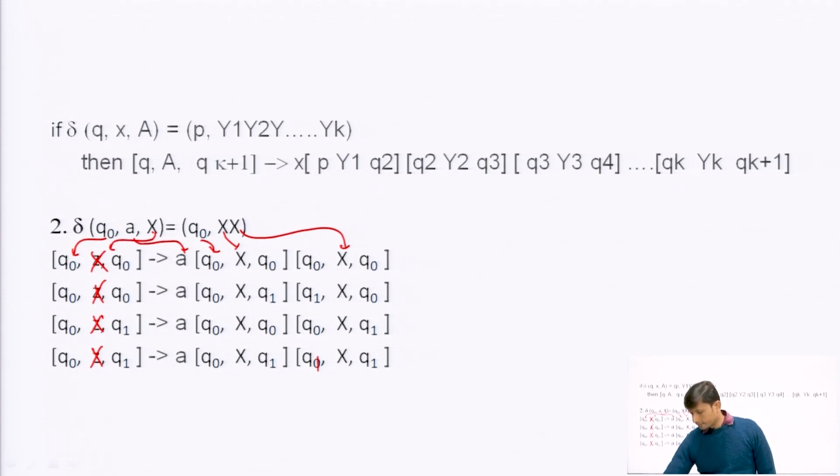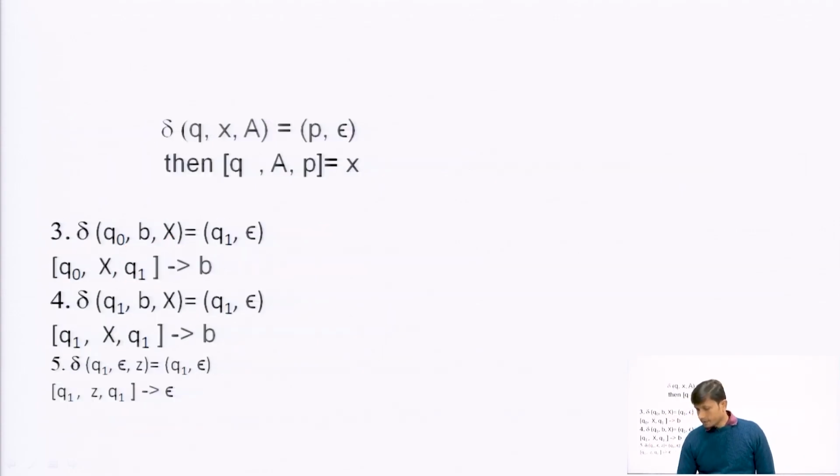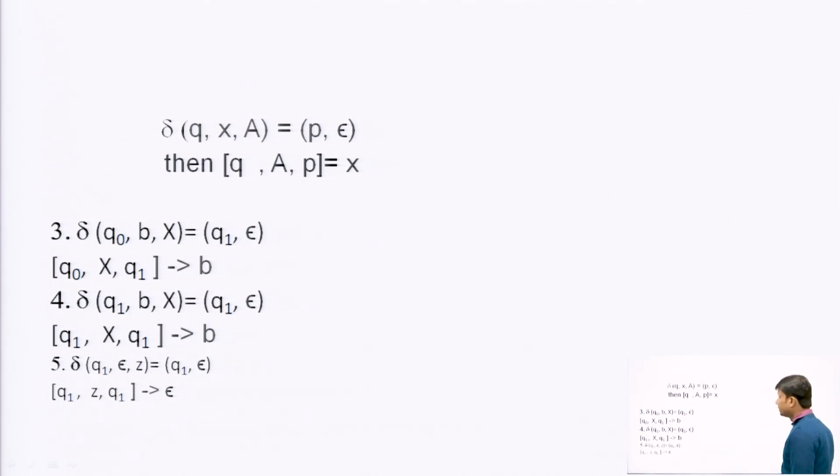So next is the third production. The third production is saying q x a p e, then q a p equal to x. Here q a p equal to x means this is a pop operation. The pop operation is saying this one, q a p equal to x.